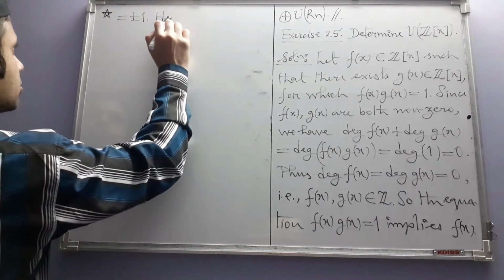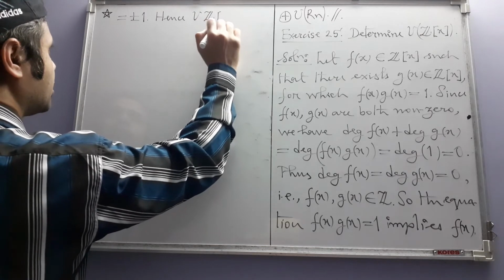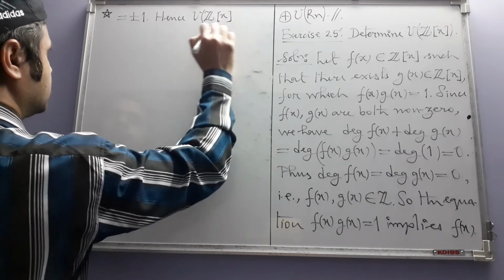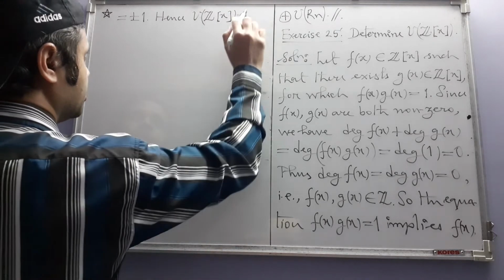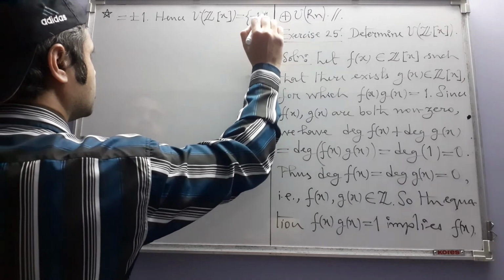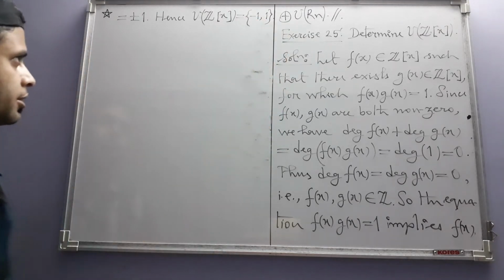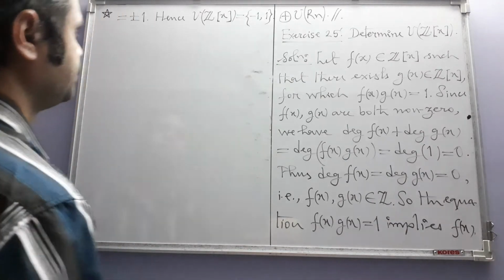Hence, in spite of having an infinite ring, this ring of integer polynomials, the group of its units has only two elements, the integers -1 and 1.